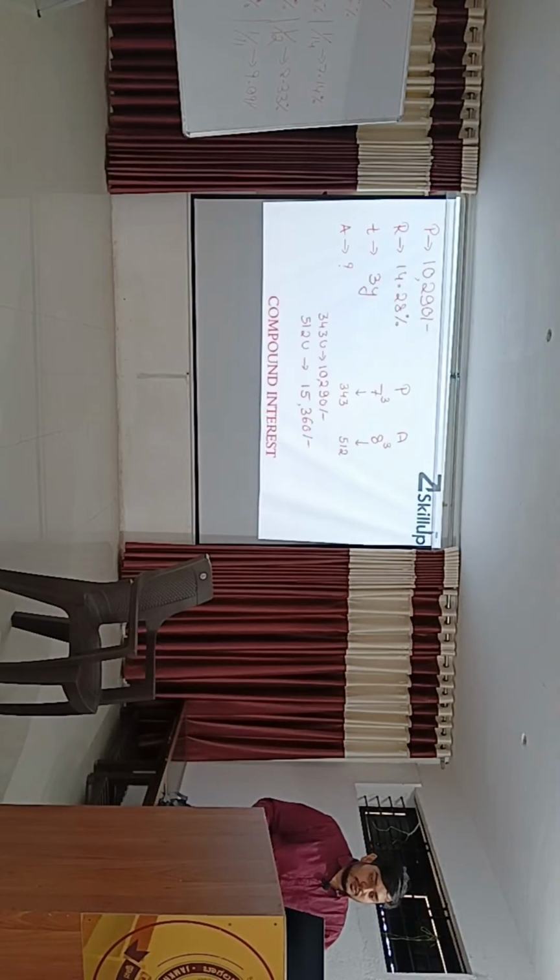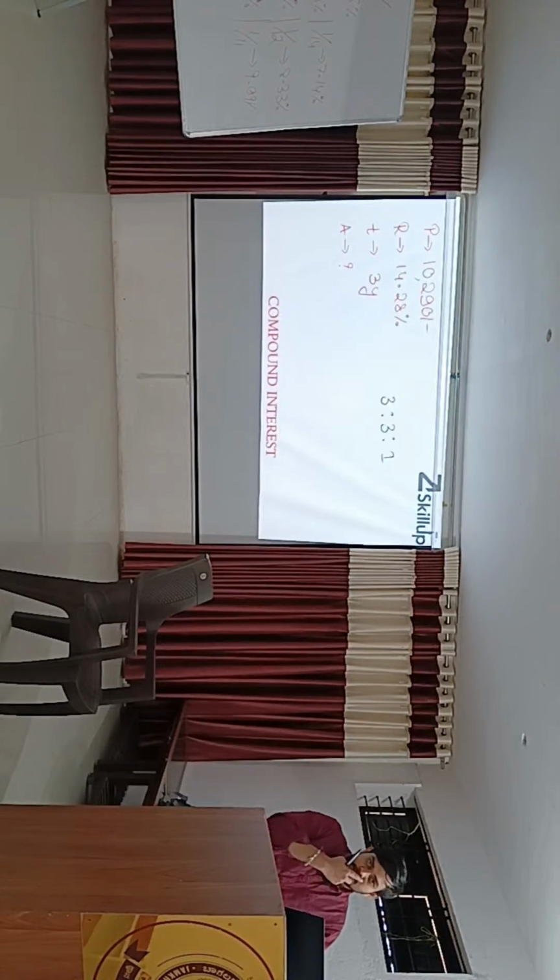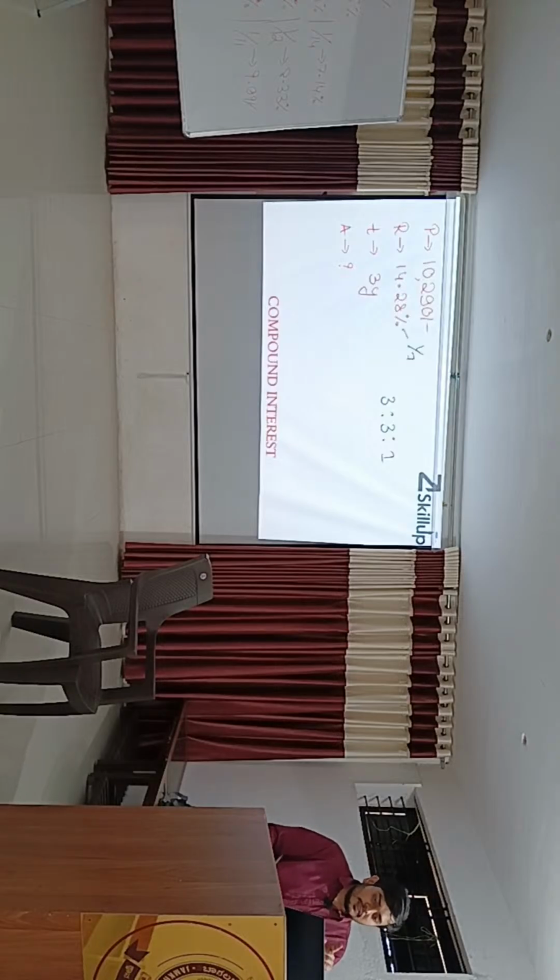Now coming to this part. 14.28, what is the ratio now, fraction. Now 3 years is given. First write down 3 is to 1. What is 14.28? Write down 1. Next value 7.